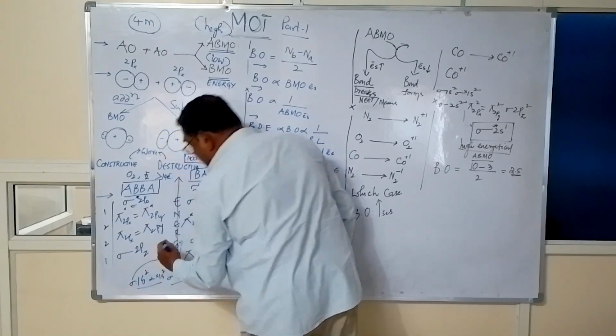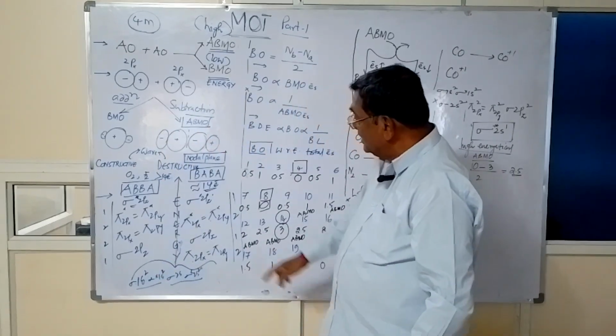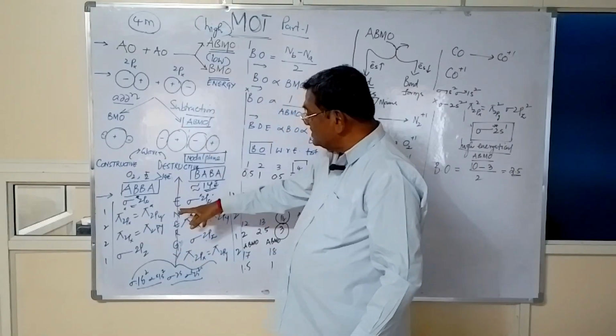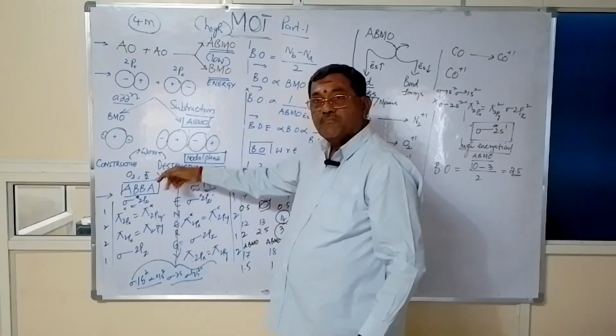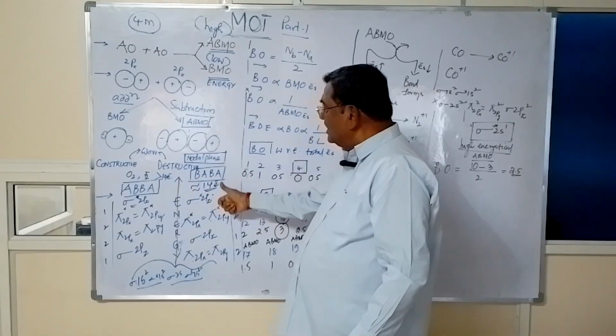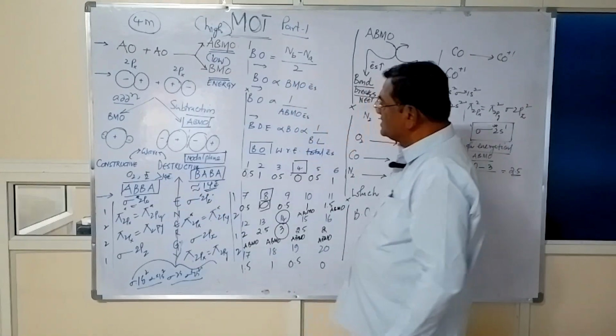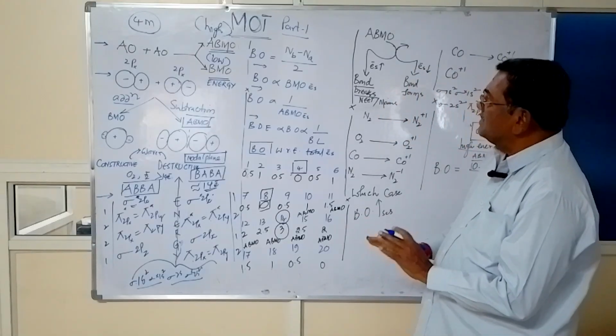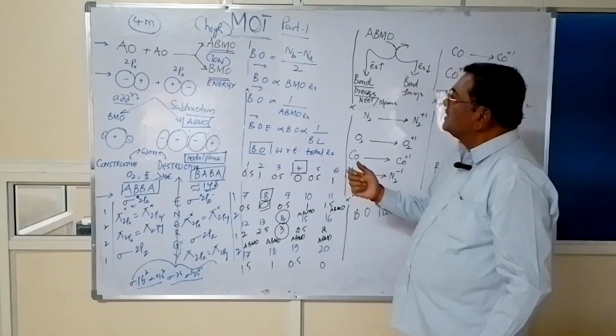This is common for both. This is the increasing order of energy for the 14 electron and greater than 14 electron systems, and for 14 and less than 14 electron systems, children. And these are the points which we are going to do.